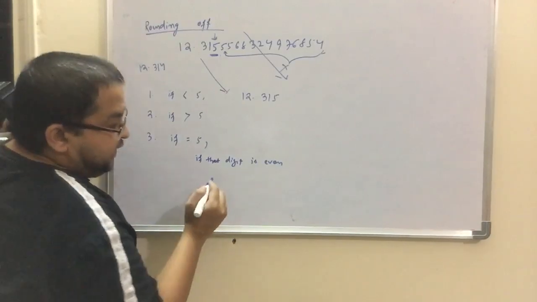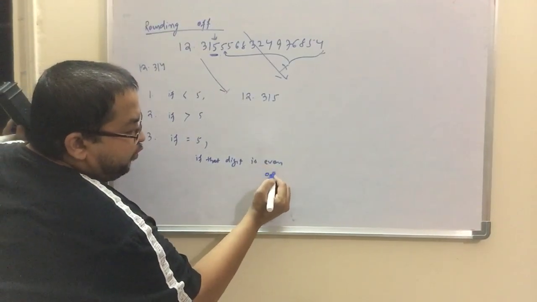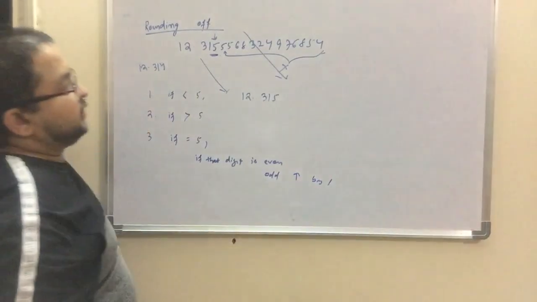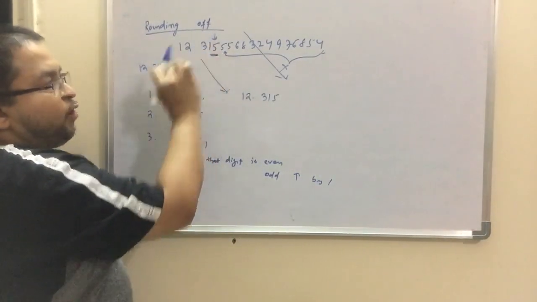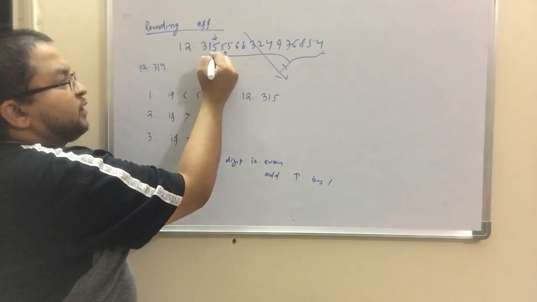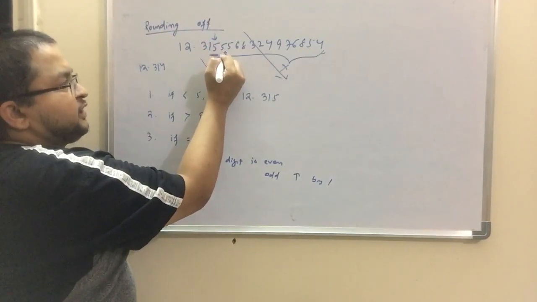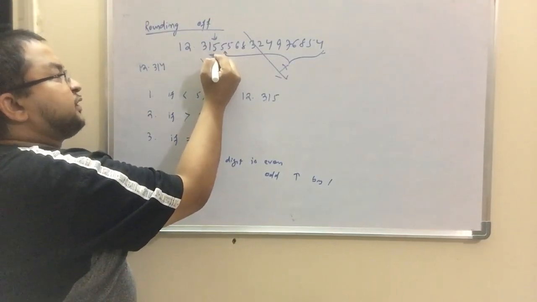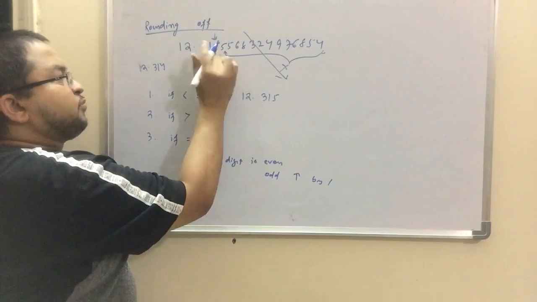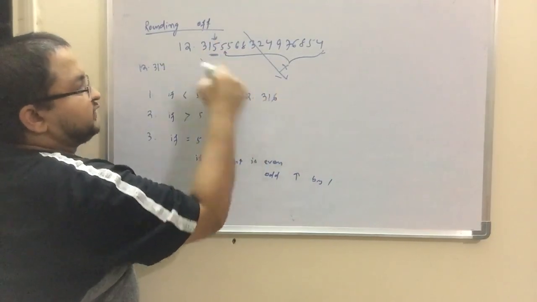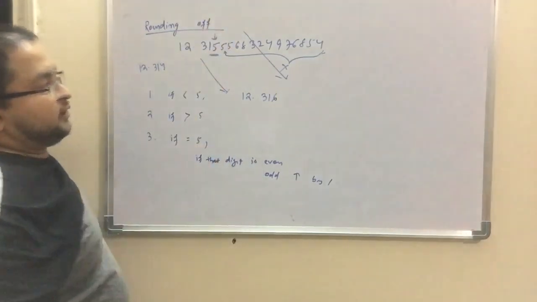And if it is odd, then increase by 1. So here it is an odd number. I went to see the next number, which is 5, and came back to the original number. The original number is also 5, which is odd, so the answer would be 12.316. I increased 5 by 1.